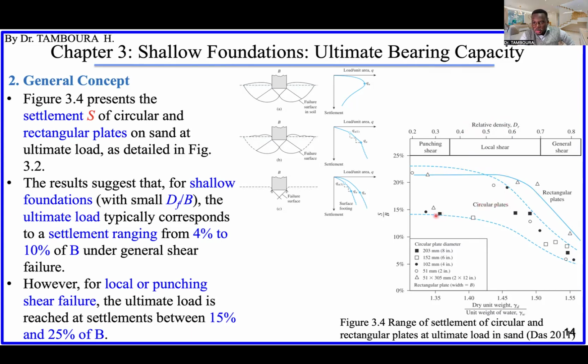Okay, circular plate, this is circular, and this one continuous line is rectangular footing.